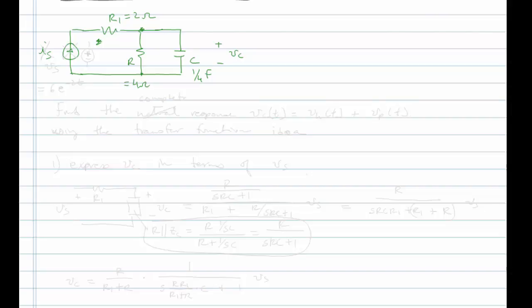So find the natural response VC. Actually, let's find the complete response. Let's do the whole thing. Complete response VC is equal to VH plus VP, using the transfer function idea.